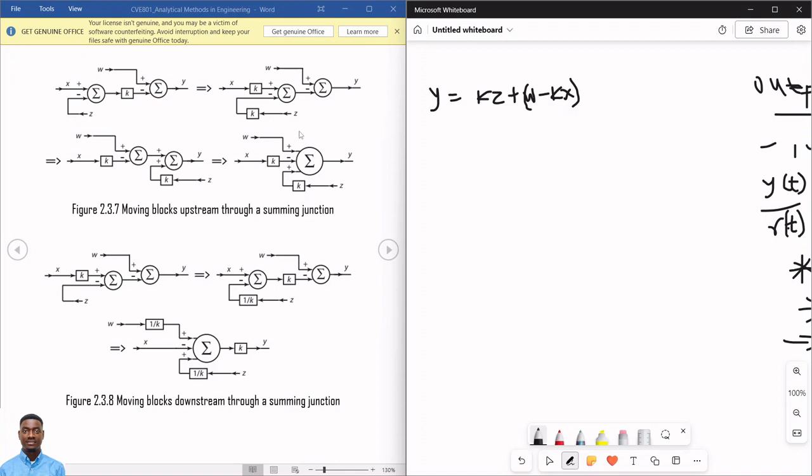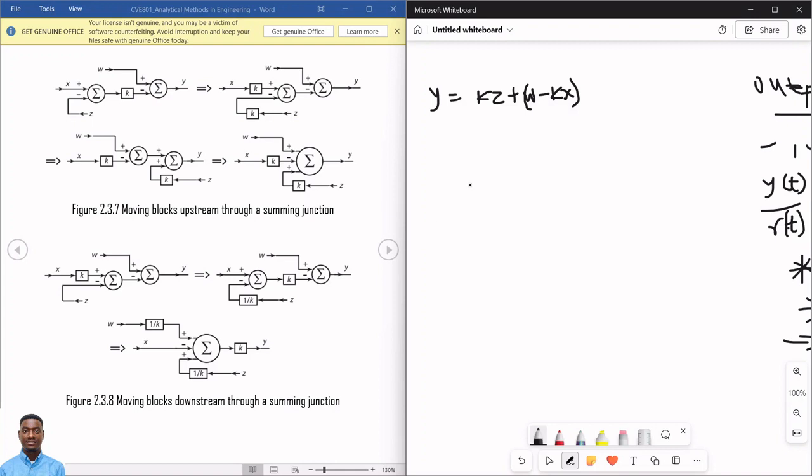Now to move this K downstream, what will be the equivalent block? What is it going to look like?